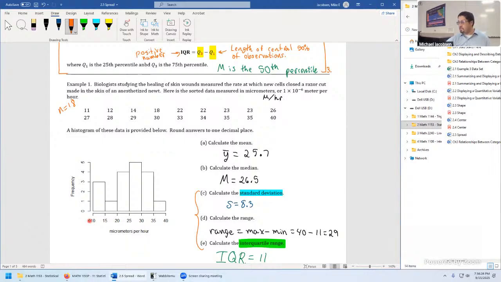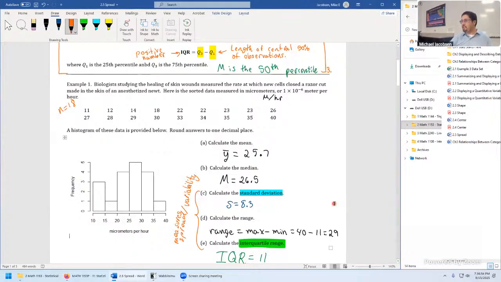Let's say it both ways. Measures spread, or variability.